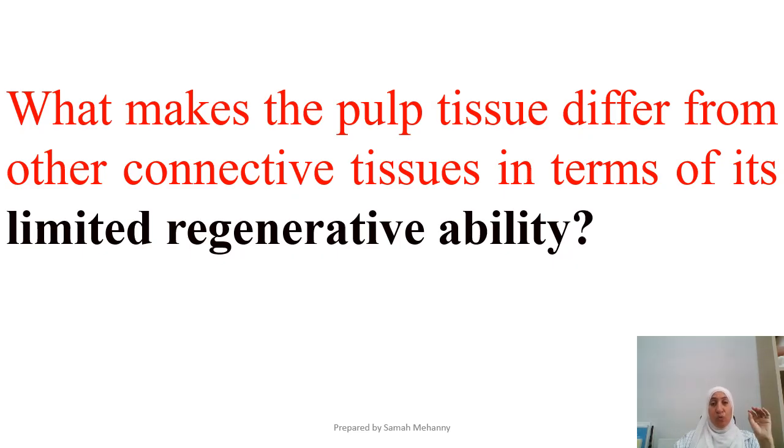So, what are the causes that make the pulp limited in its regenerative ability? And let's remember again, during dentinogenesis, we mentioned that reparative dentin could be formed in certain conditions, which is minute, non-infective exposure of the pulp, which can induce regeneration or healing of the pulp.